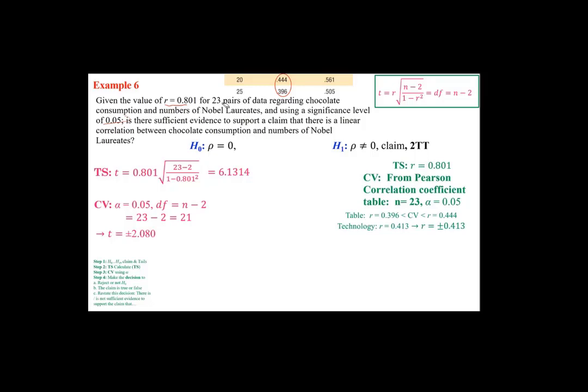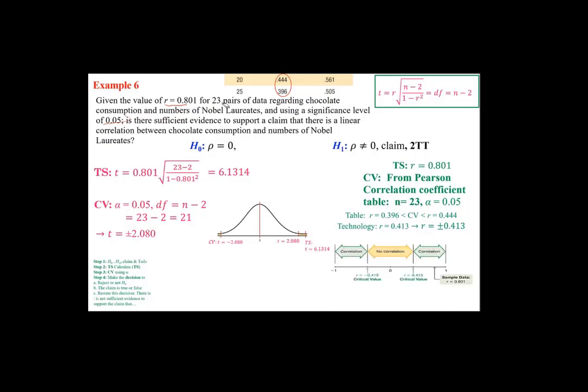If you use the technology, it gives you the answer 0.413, plus minus. Even without the technology, it is pretty straightforward that you are comparing this with the test statistic of 0.801, which is way into the rejection region. So let's look at the graphs. This is the graph for the t distribution. Obviously, test statistic is beyond 2.080. It puts it in rejection region.